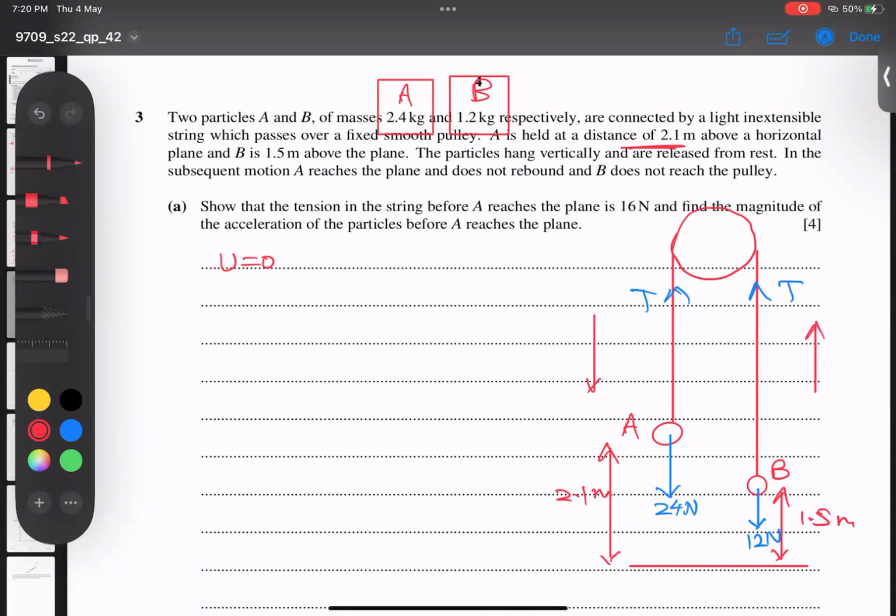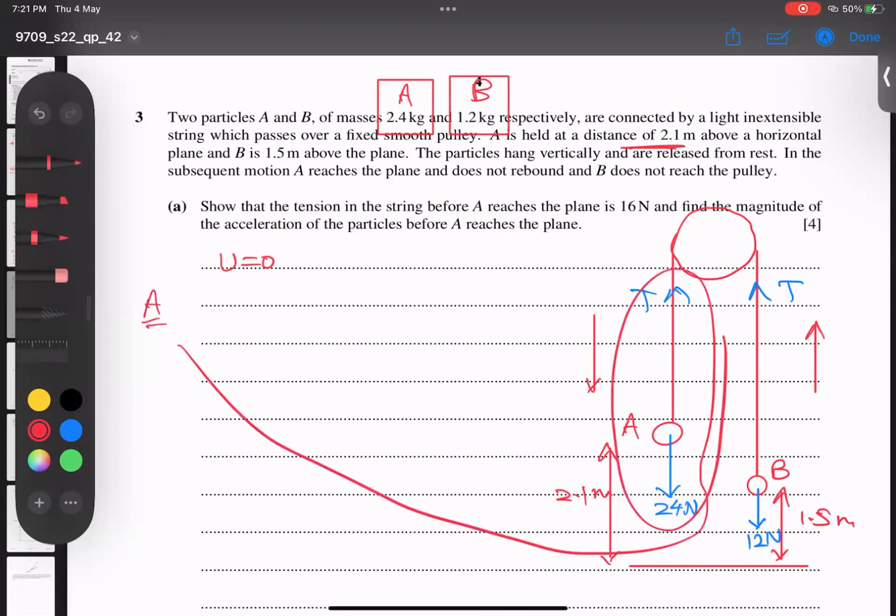Now he further says: show that the tension in the string, until A reaches the plane, is 16 newtons, and we also have to find the magnitude of the acceleration. Very easy plan. Let's talk about particle A. How many forces act on A?